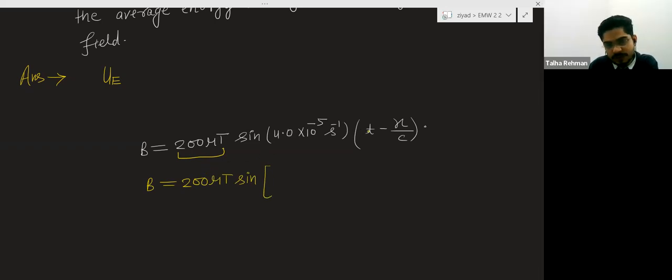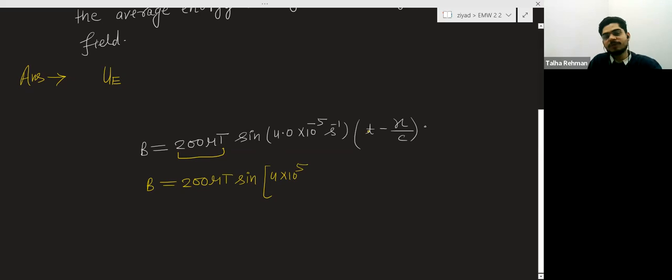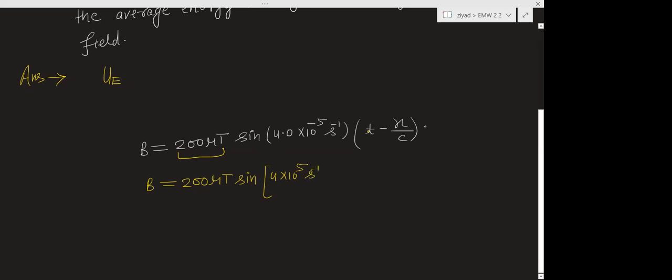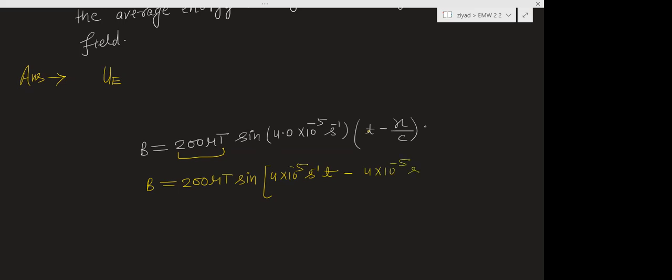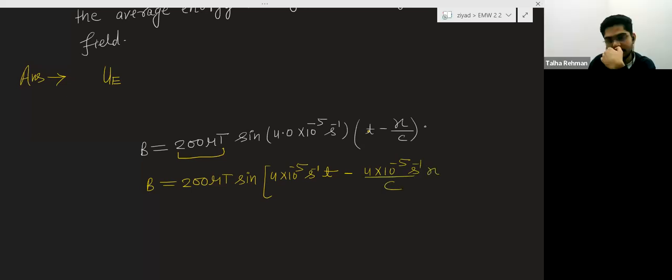So it will become 4 into 10 to the power 5 second inverse into t, minus 4 into 10 to the power minus 5 second inverse by c into x.